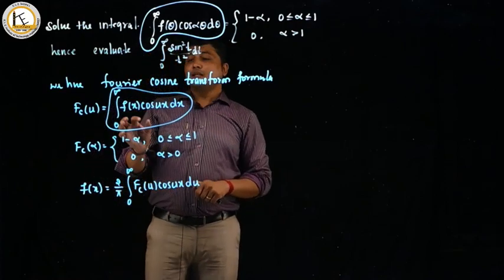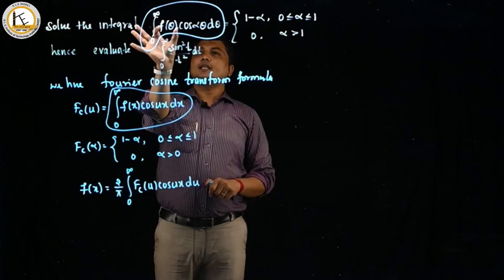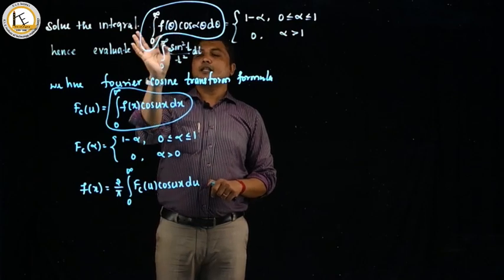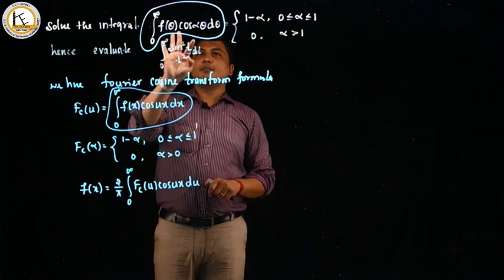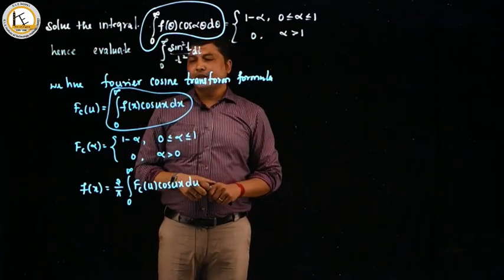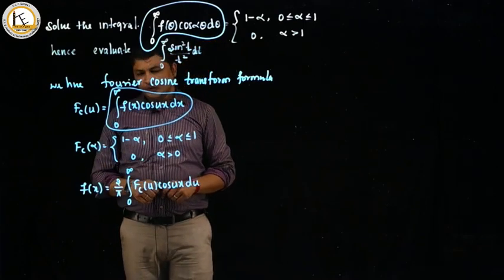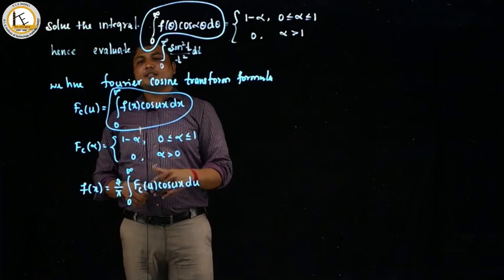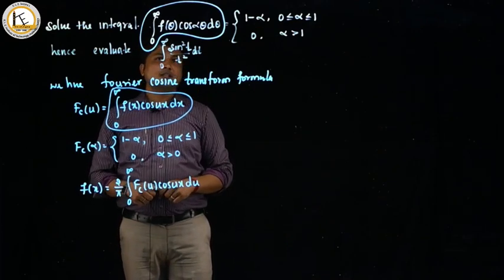But as I said, in this given problem, f of x is replaced by f of theta. It means x is replaced by theta, u is replaced by alpha, and x is again replaced by theta. So you need to replace those variables according to the problem.